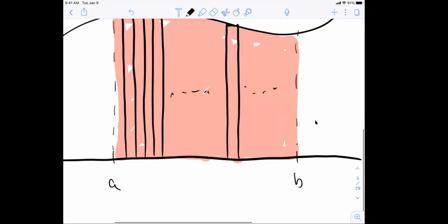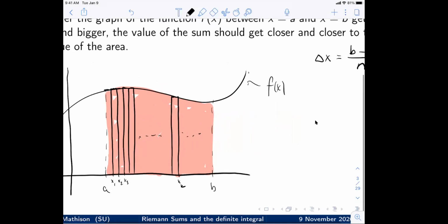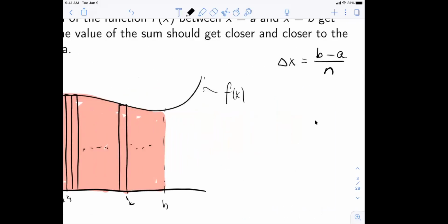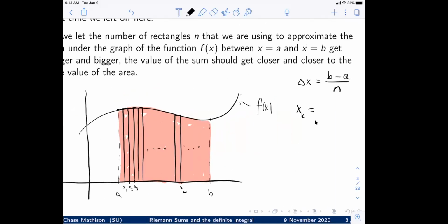And if I come down here and I start labeling these points, there's x1, there's x2, there's x3, blah, blah, blah. Here's xk, where I've taken k steps away from a. Well, then xk is going to be, what was it? Who remembers? Or who can work it out from this?